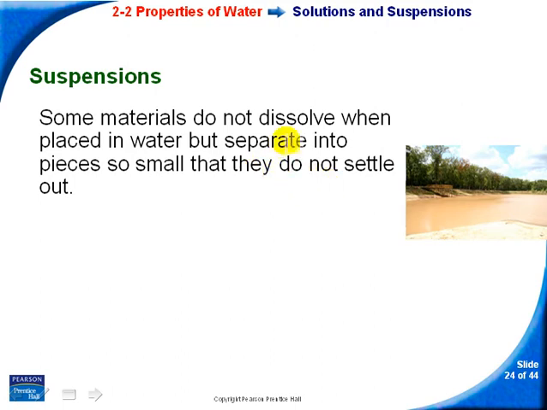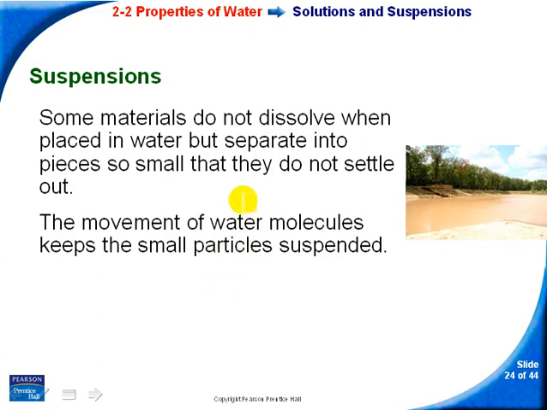A suspension. In a suspension, the materials don't dissolve, but they don't settle out. They kind of separate into the water, but they don't actually dissolve, meaning the molecule separates.